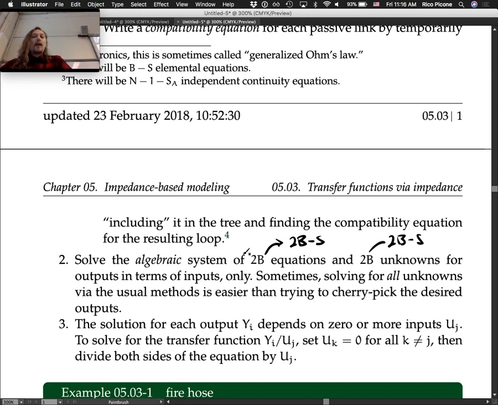Sometimes solving for all unknowns via the usual methods is easier than trying to cherry pick the desired outputs. So what you have is a linear system of equations, assuming that it's a linear system, which most of our systems are going to be considered linear. So a linear system of 2B minus S equations and 2B minus S unknowns.